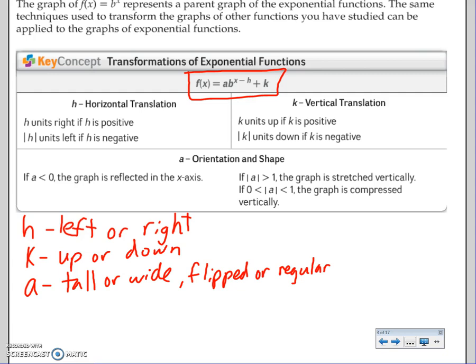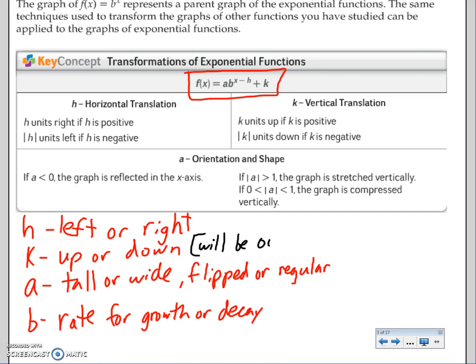Then b is new. B is what we call the growth factor. It's called the rate. It tells you if it grows or decays. Growth or decay. Now we have to add one thing. K will always be our asymptote.